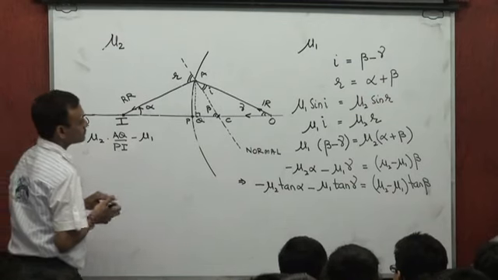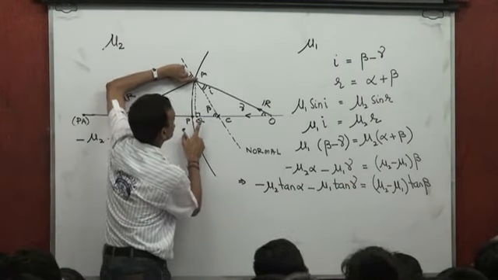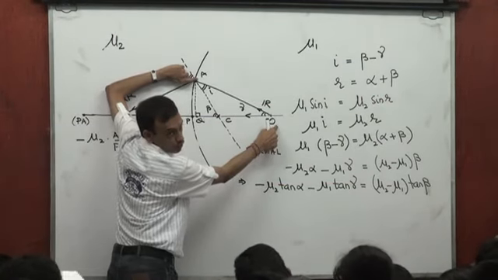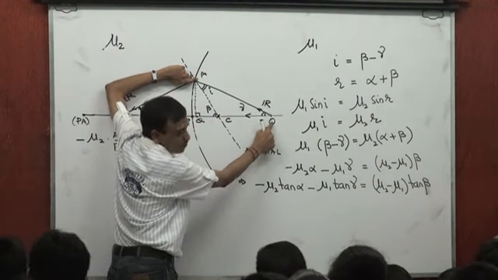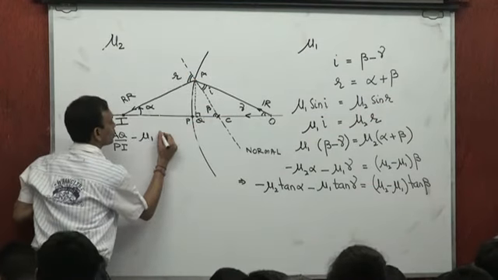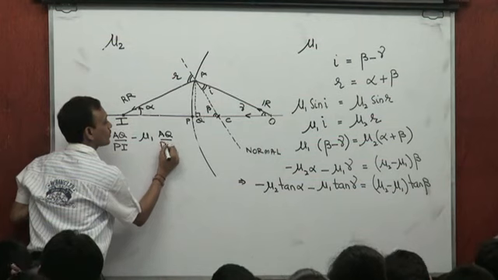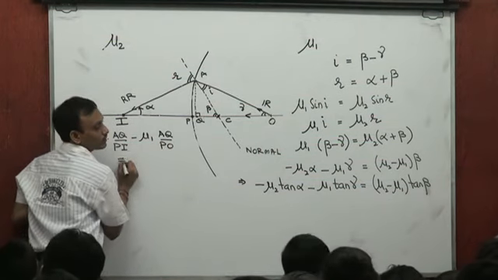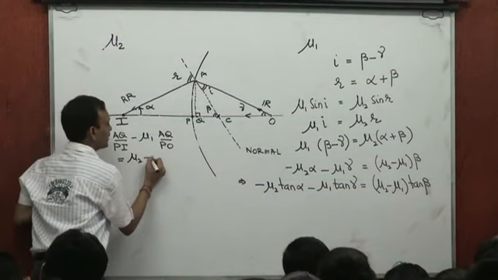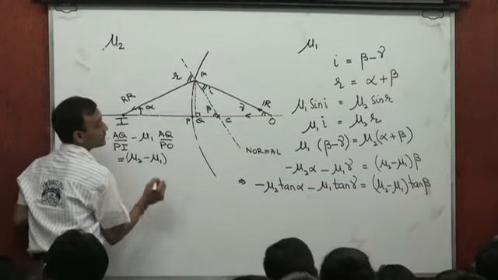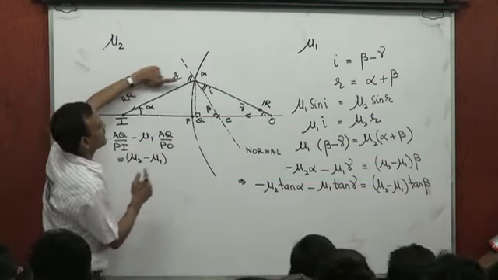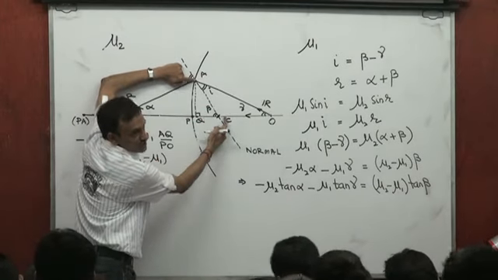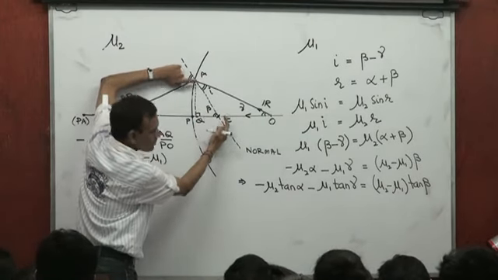Tan gamma is AQ by QO, which is the same as PO. Tan beta is AQ by QC, which is approximately AQ by PC.